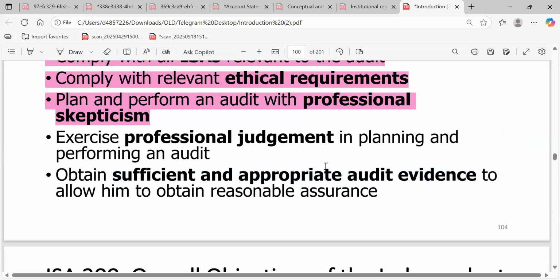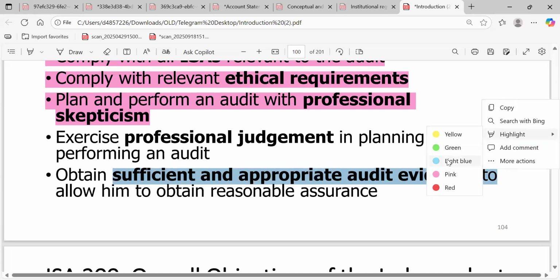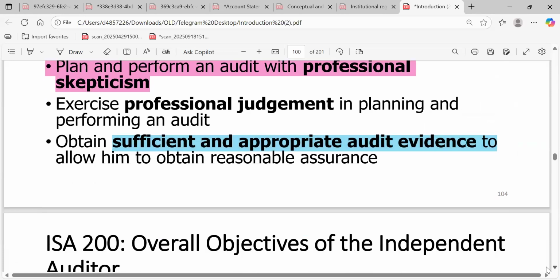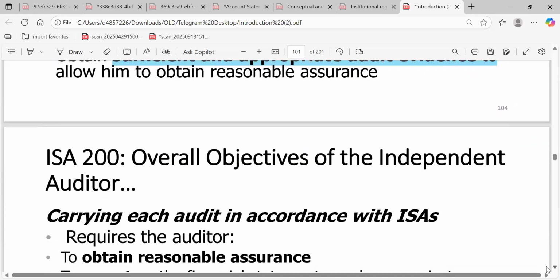Quantity. And then it must also be appropriate. That is in terms of what? Quality. So sufficiency deals with what? Quantity. And appropriateness deals with what? Quality. So the audit evidence must both pass that test of quality and quantity. It must be both.